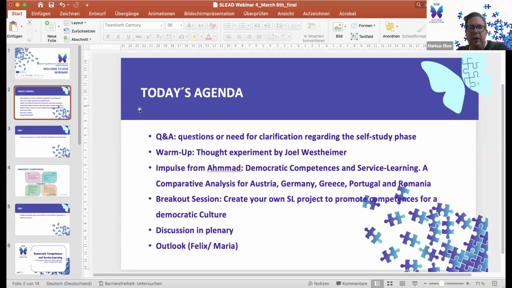Then we have a quick impulse from Ahmed about a country analysis we did. And after that, we have a very practical breakout session where you can create your own service learning project to promote democratic competencies.